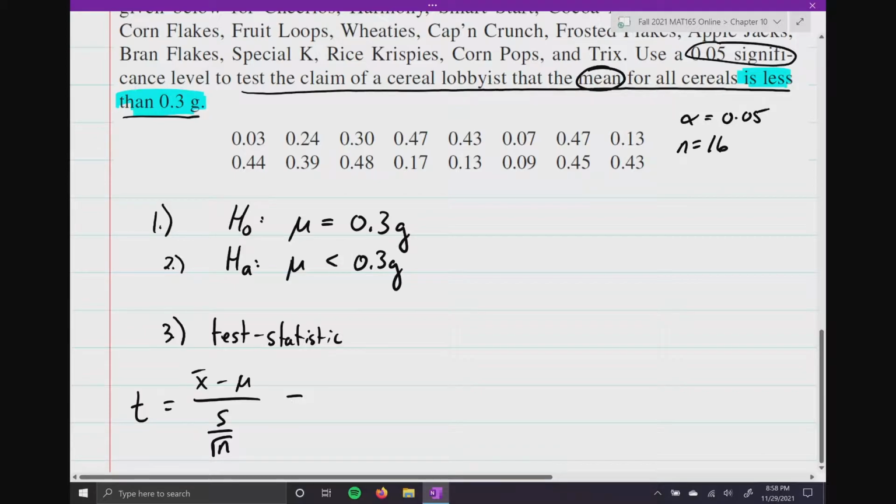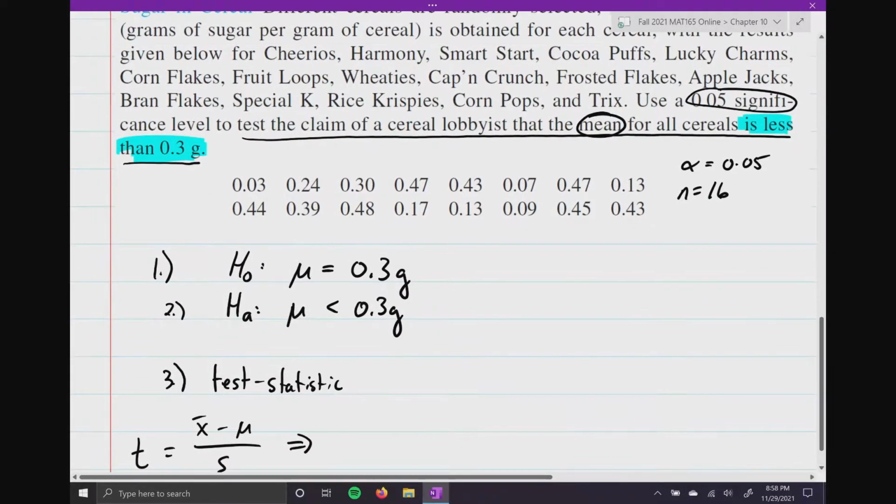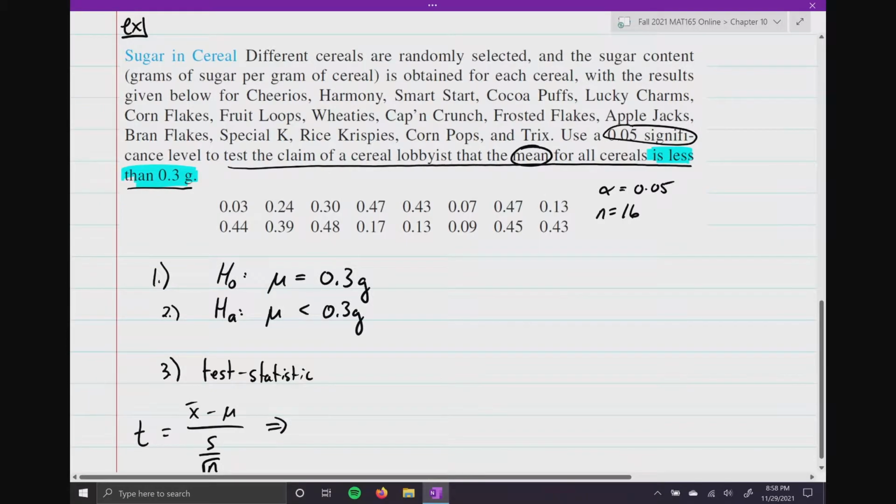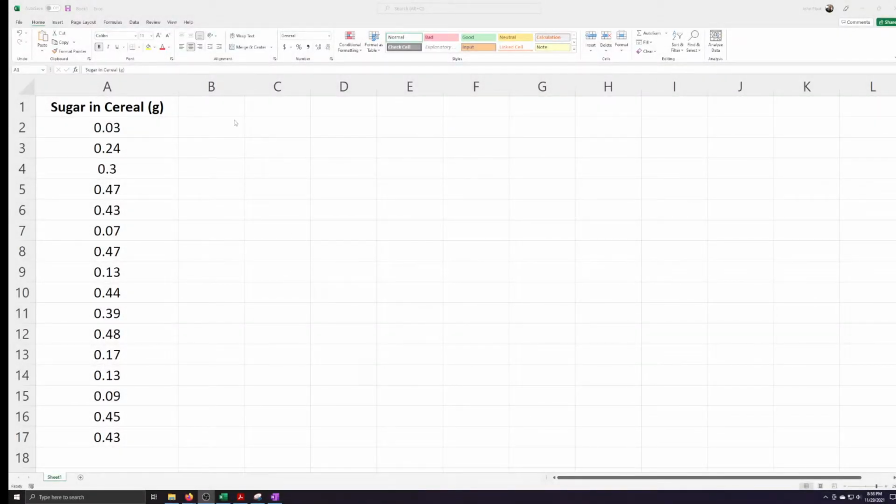So what we have to do, if you look in this problem, and this is going to happen in your homework, and it's going to happen on your test, I give you data, and it's a small data set. You need to know what s and what x bar is. So you're going to have to calculate that. So what I went ahead and did is I put it into Excel, and we're going to calculate this stuff real quick.